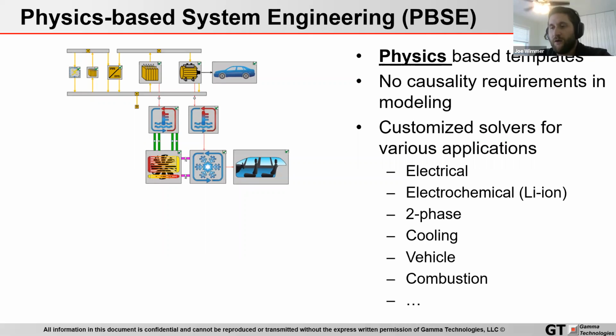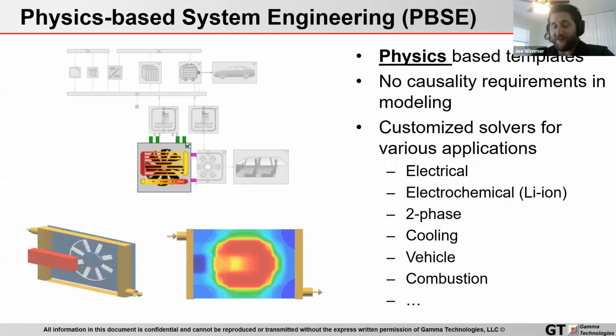And we have a lot of customized solvers, and some examples of that are things like heat exchangers. We can bring in our 1D and even make it quasi 3D flow domain in order to model the flow around a heat exchanger and keep it also very fast running models.